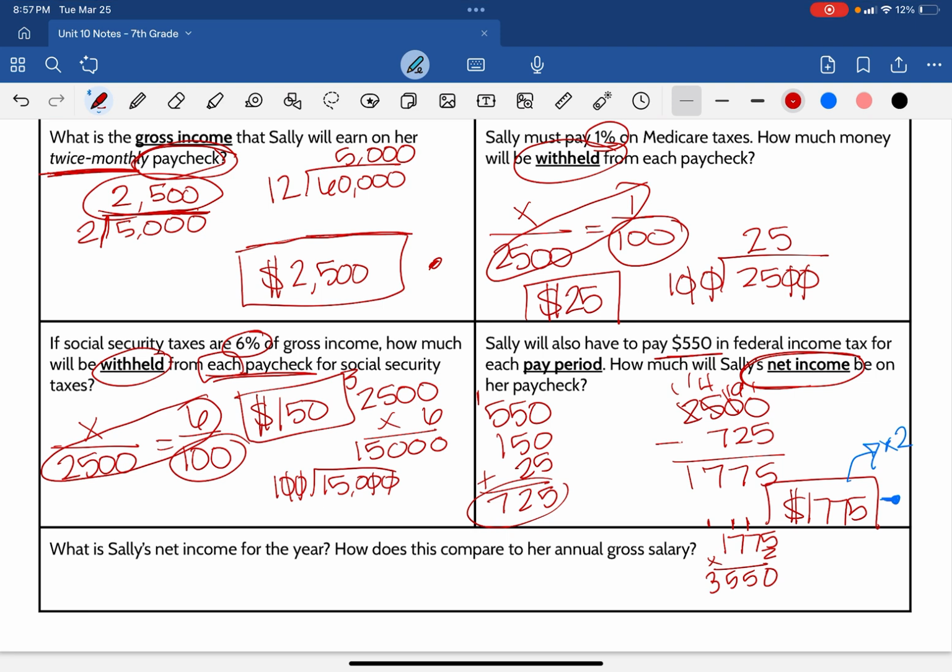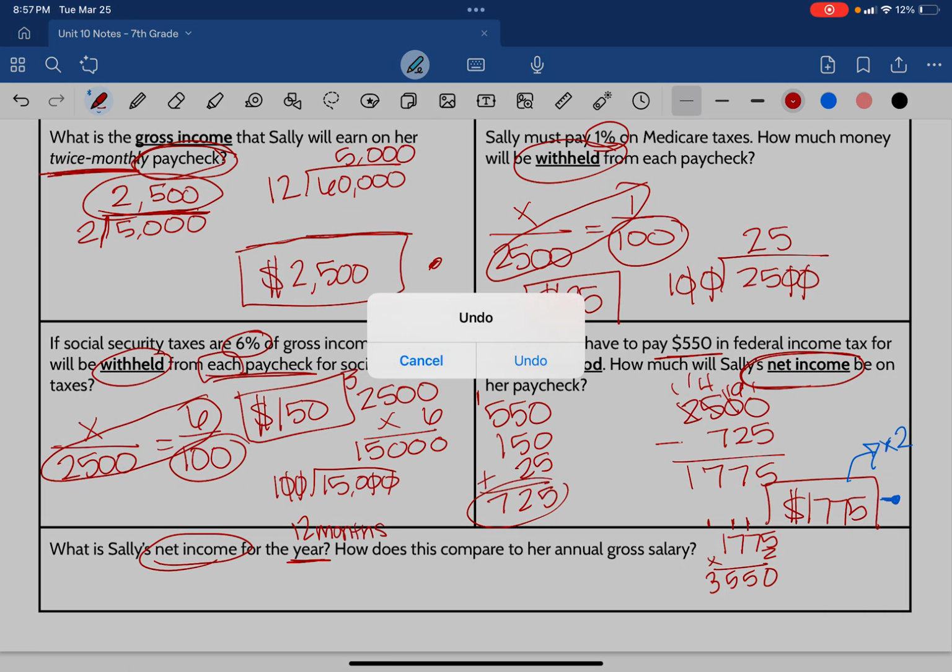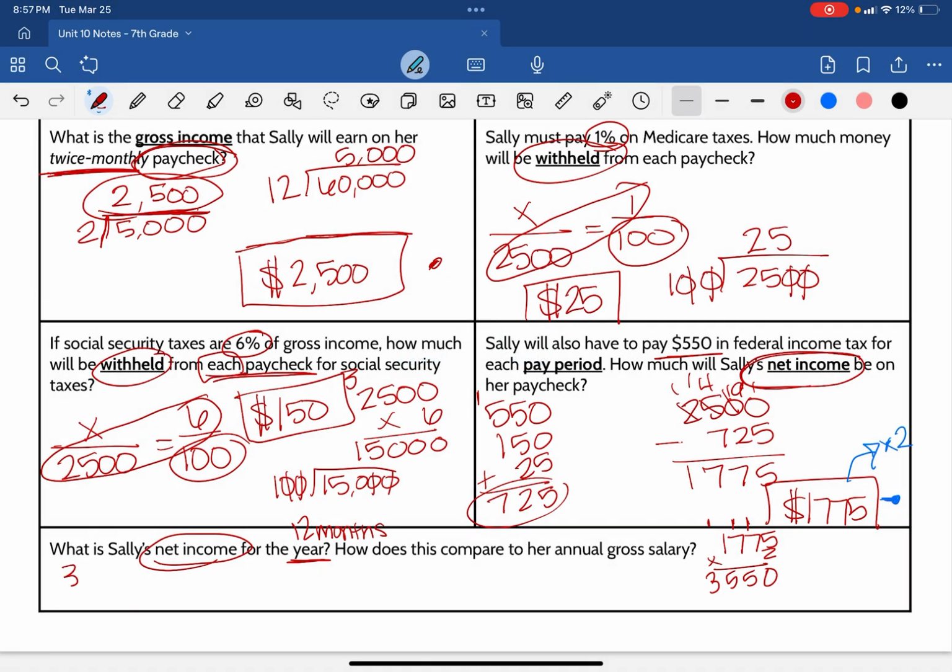They want to know what the net income is for the year. Well, we've talked about this. There are 12 months in a year. So I need to multiply this number by 12. So 3,550 times 12.